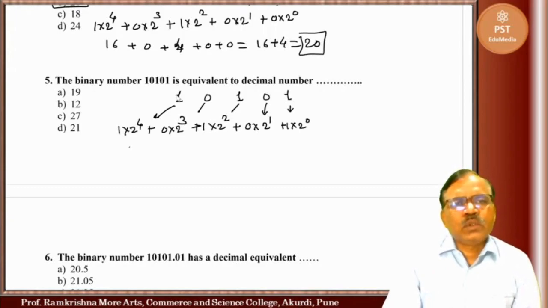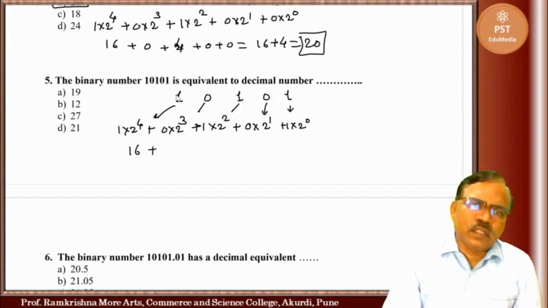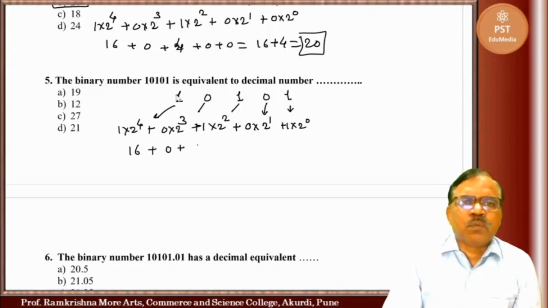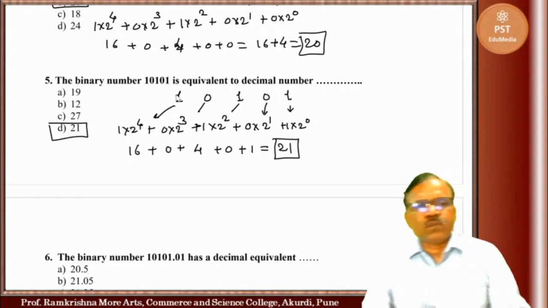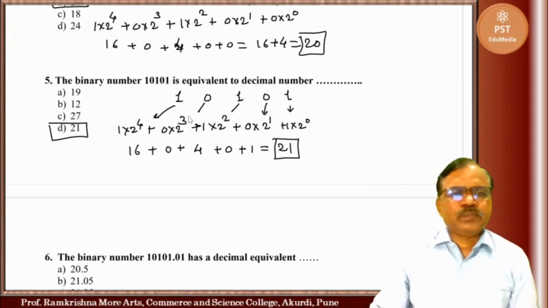So 2 raised to 4 is 16, plus 0 into 8 that is 0, plus 4, plus 0, plus 1 into 2 raised to 0 that is 1. So we get 21. So this last one is correct.